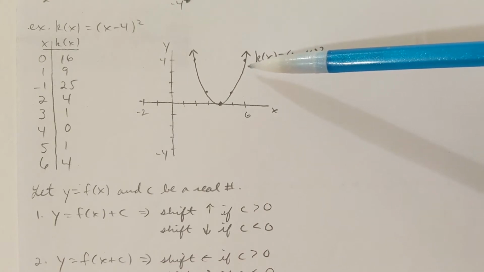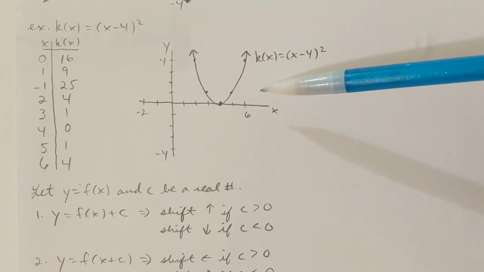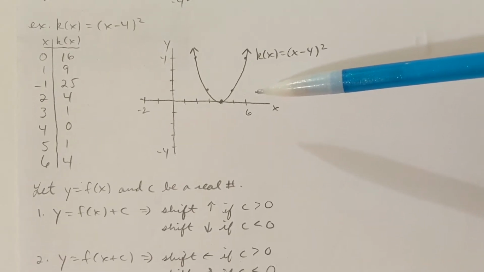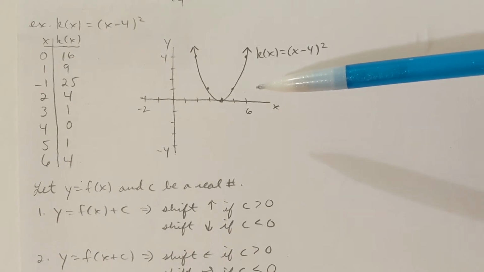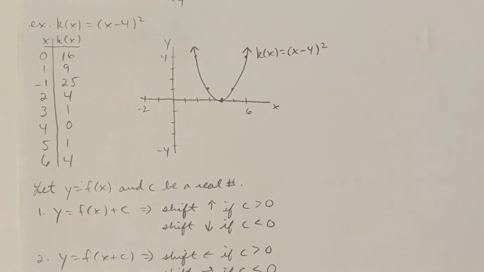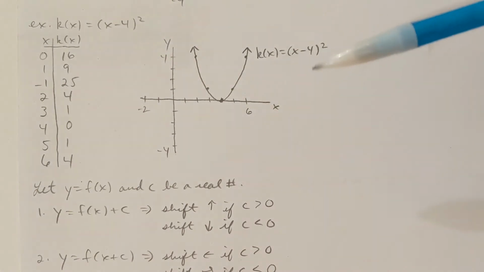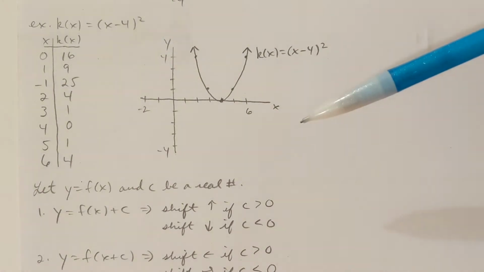And so there's 6, 4 on the graph. k of x is equal to x minus 4 squared. And notice how this graph means that I took the original graph of y equals x squared and I shifted to the right 4 units, because of that minus 4. That's what caused that.